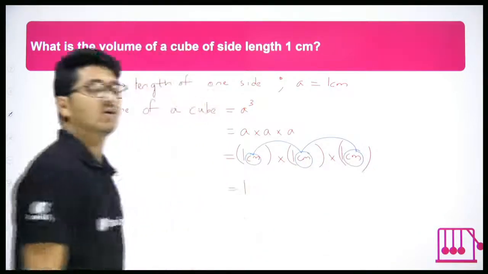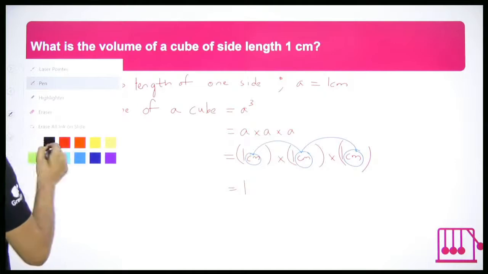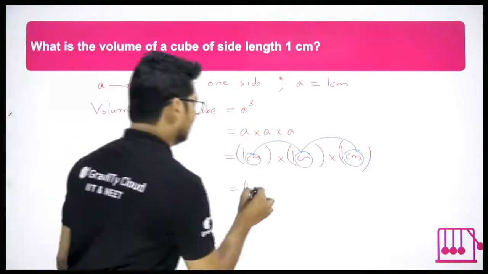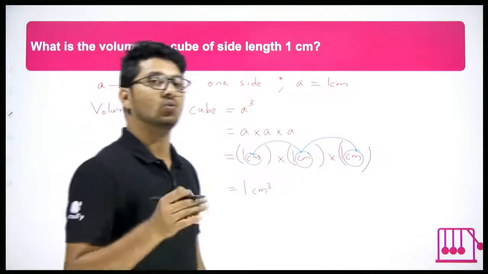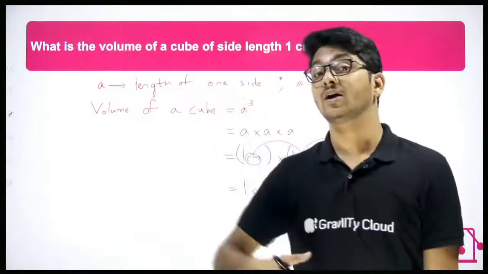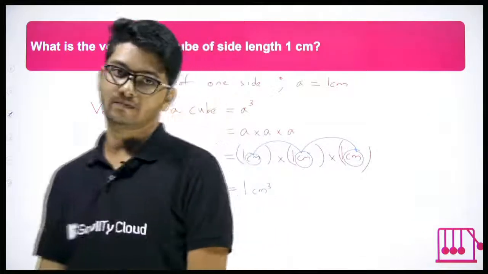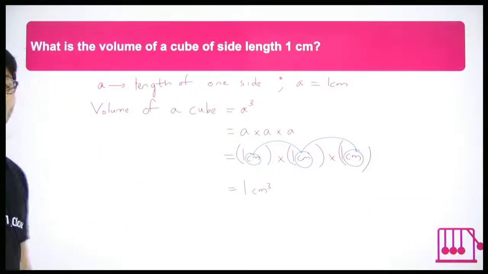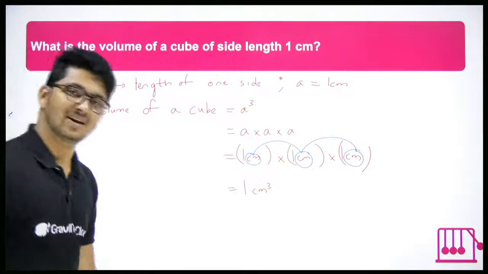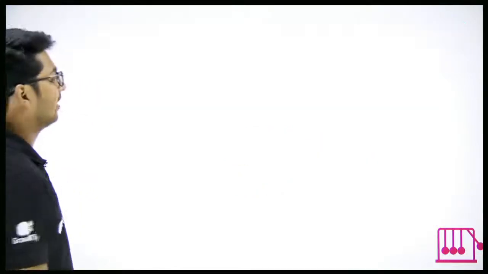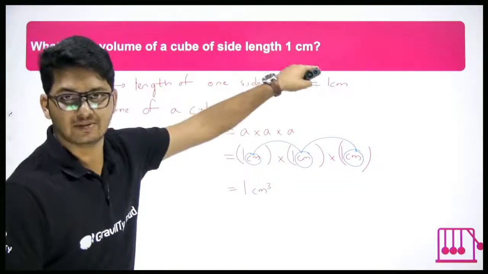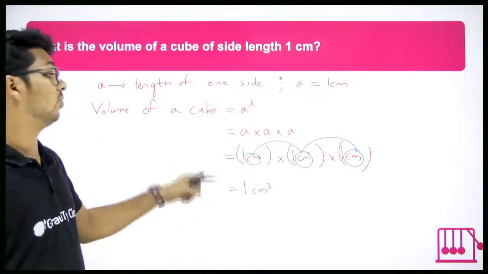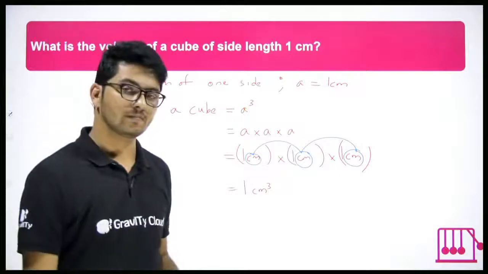So you will write it as power 3. That is 1 centimeter power 3. Power 3 is called cube. So 1 centimeter cube, or 1 cubic centimeter. Simple, done. So if the side length is 1 centimeter, the volume of the cube will be 1 centimeter cube. Simple? Okay. Now let me show you something interesting.